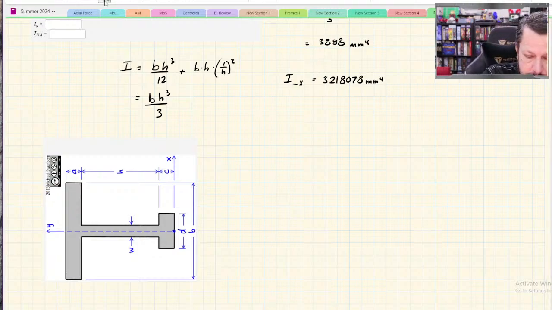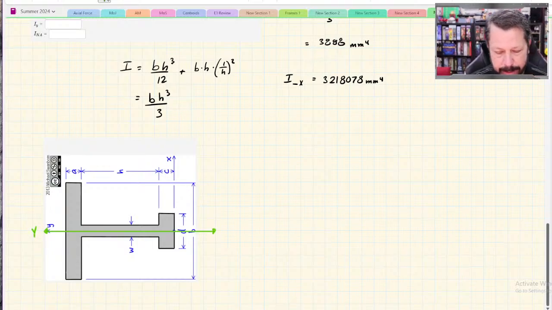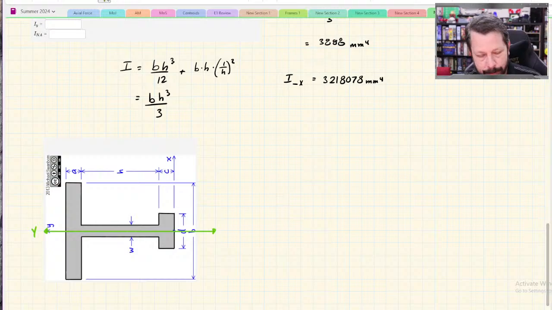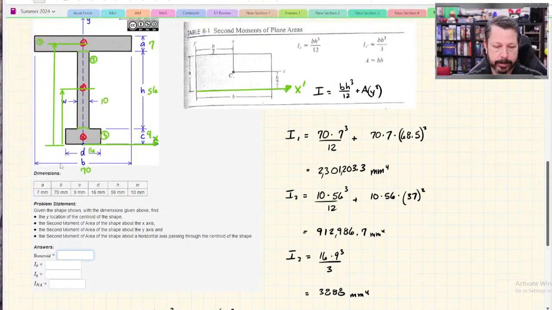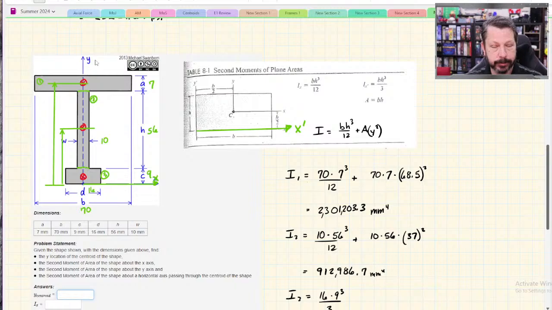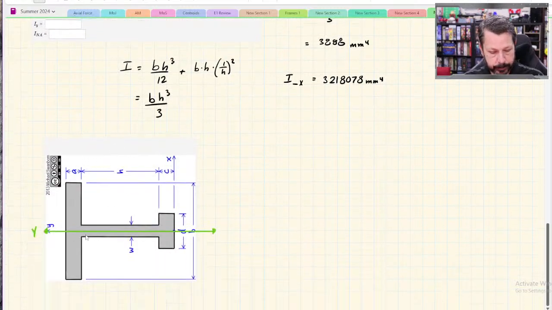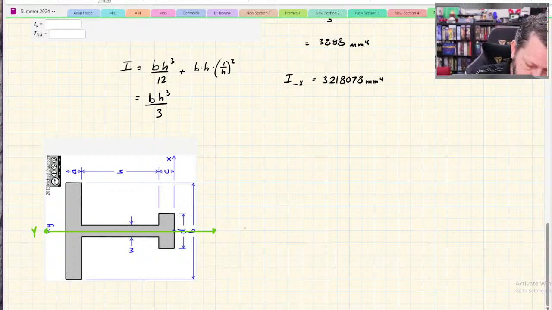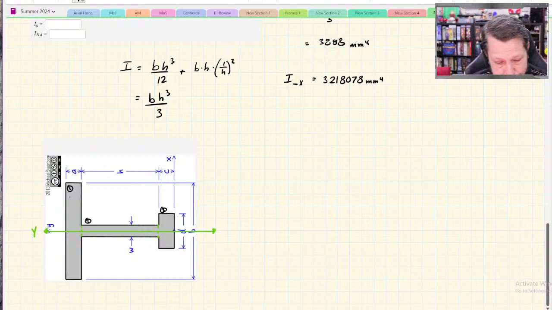I'm now asked to use the y-axis as my reference axis. So this is the y-axis, and x is vertical now. But if you don't want to redraw the thing, it works fine to use the vertical way. Just recognize that your reference is now different than what you're used to. So we'll use the same three parts, 1, 2, and 3. They're still rectangles.